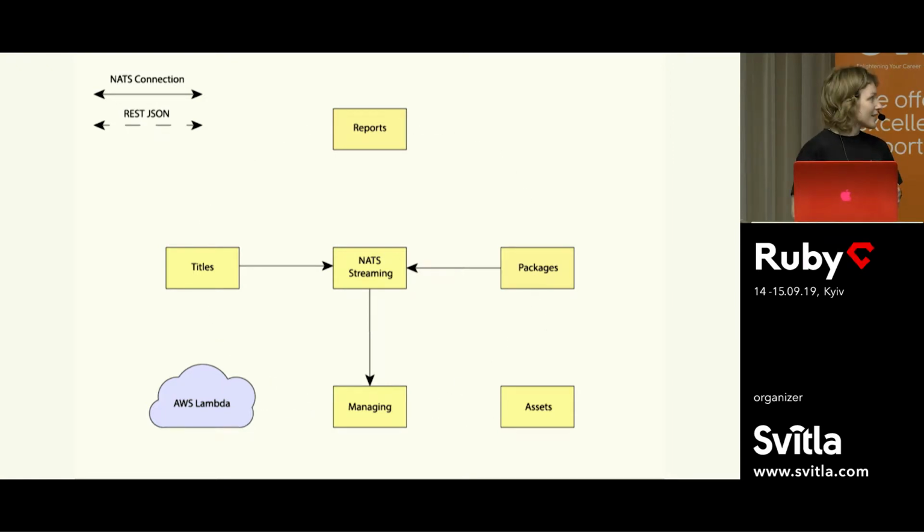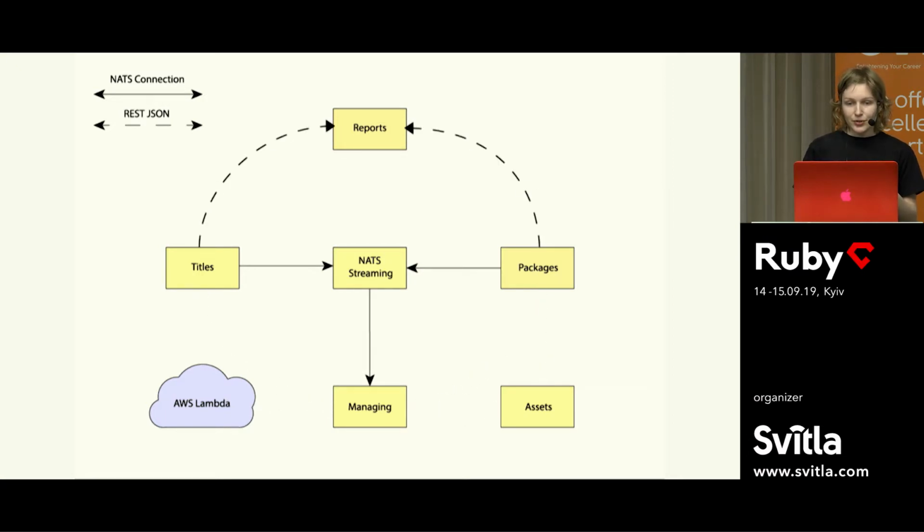It's really a simplified image of the system, because in real life, it consists of more than 50 services. But here, just the basic idea. So we had an AWS Lambda service, which generated events and sent HTTP requests to our entry point, the managing service.